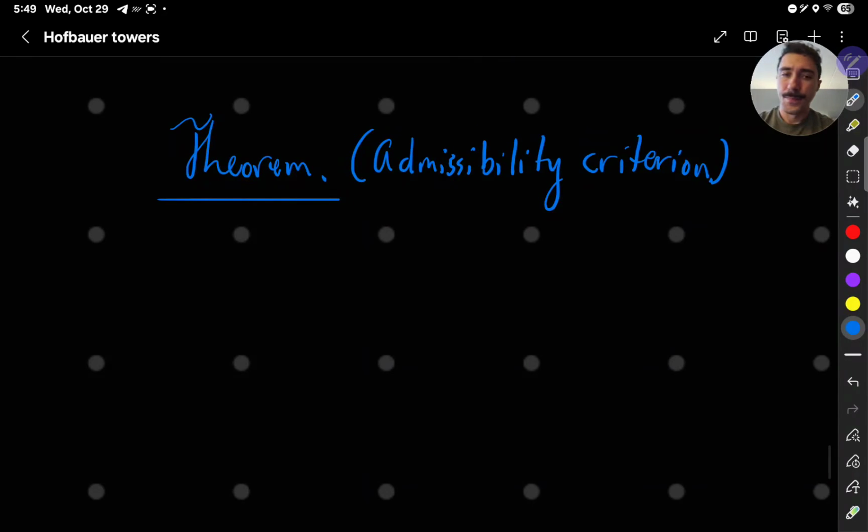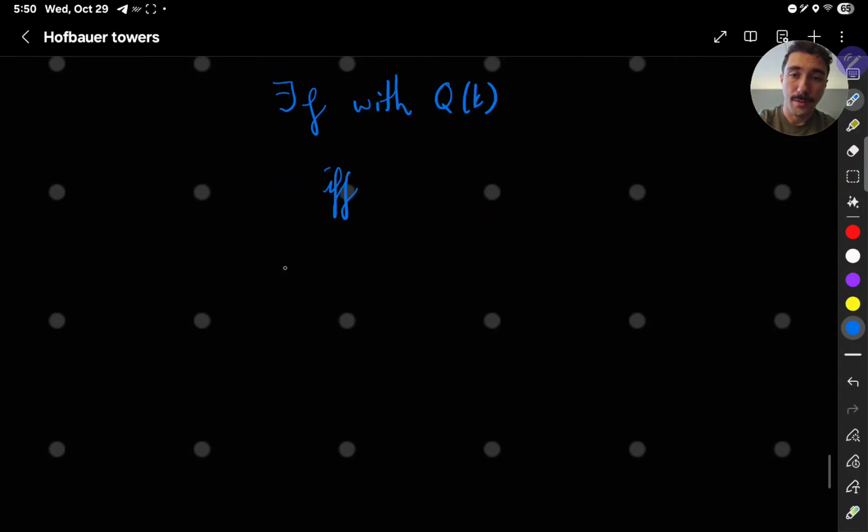And that is twofold. There exists F with kneading map Q_K if and only if two things are satisfied.